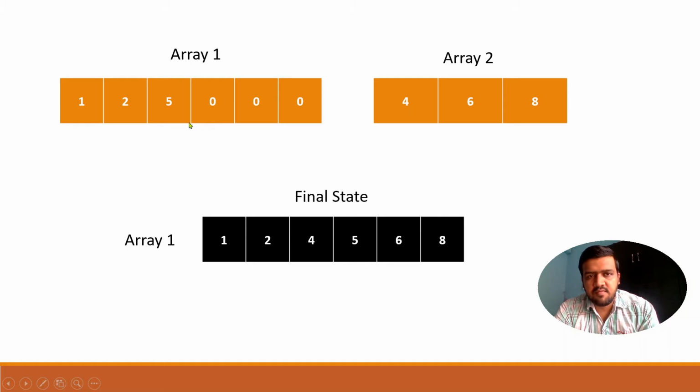So array one will have space for six elements, and the last elements which are not present in the first array before sorting will have zero values initially. After performing the sorting, we will have this final state, which for this example is 1 2 4 5 6 8.